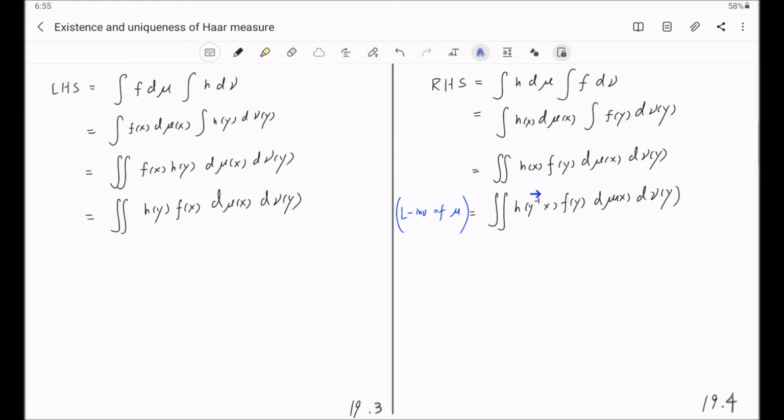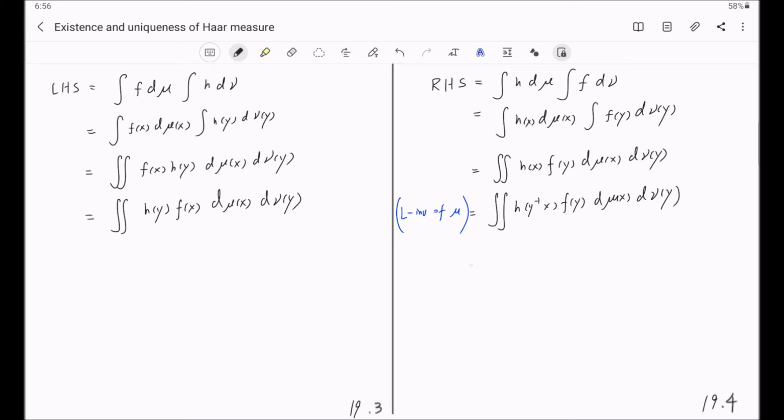So this part should be something that looks more natural to you, considering the order of steps we use to prove our existence of the left invariant measures.